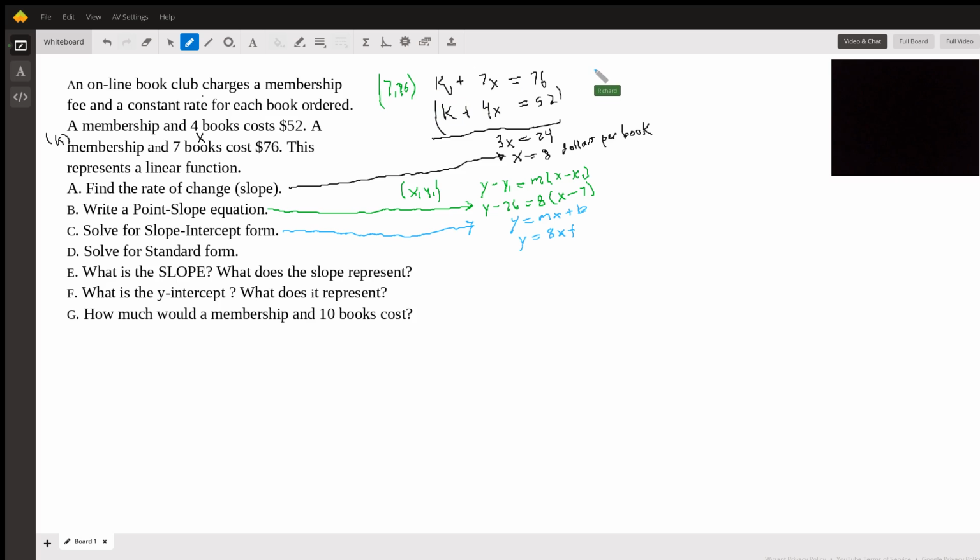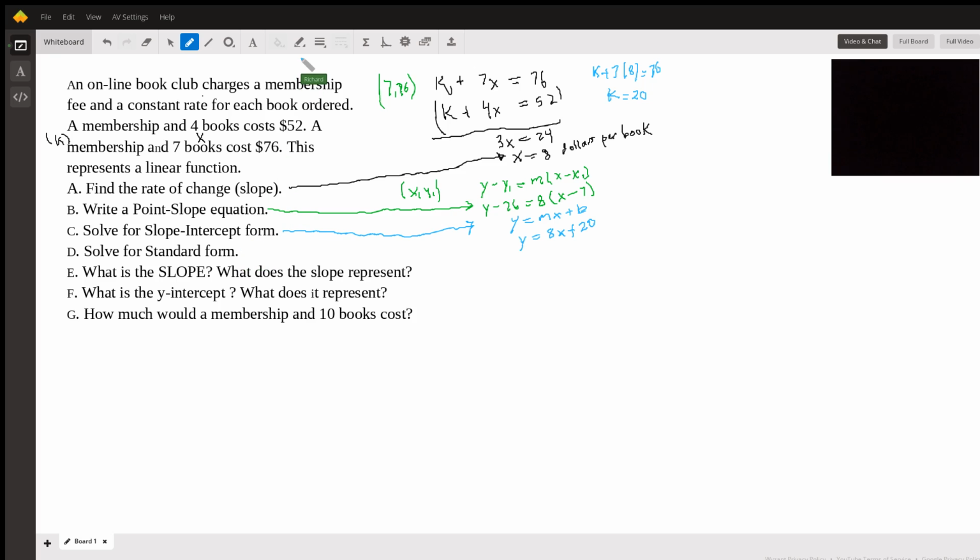It's going to be k plus 7 times $8 a book is 76. So 7 times 8 is 56, and we'll subtract that from 76. And obviously we get 20. So it costs $20 to join the book club. So there it is, and we're done with that.